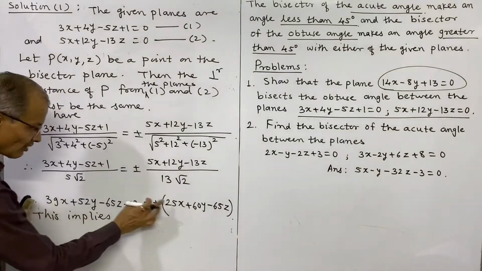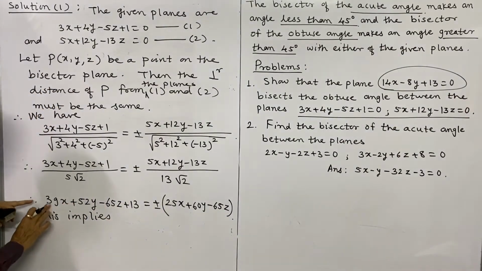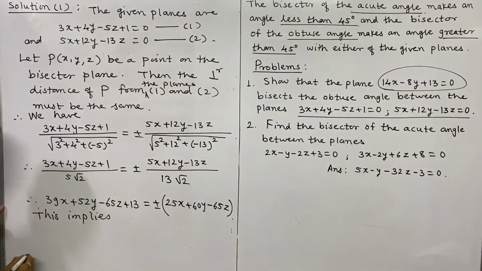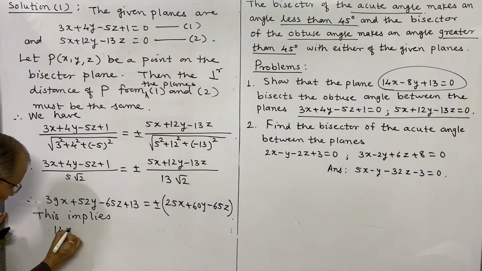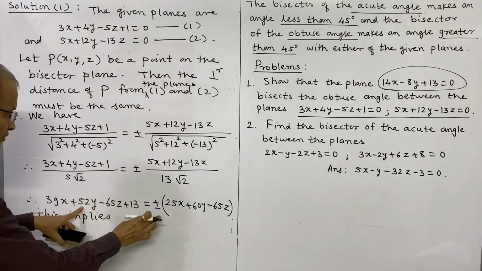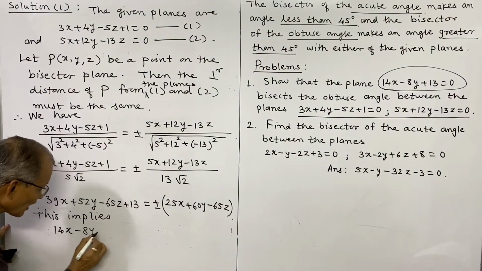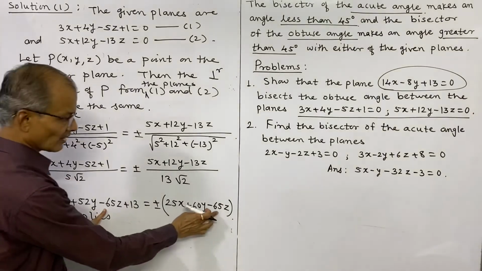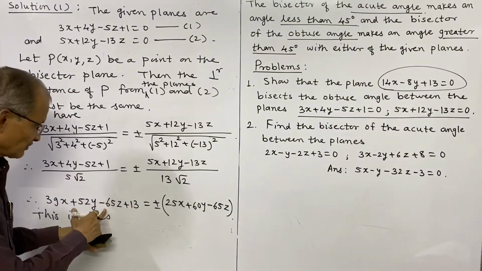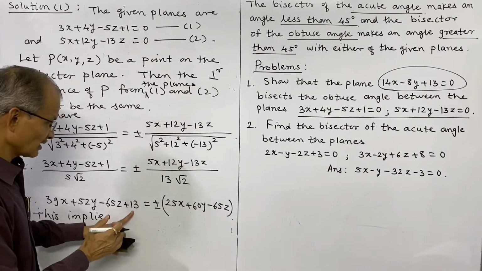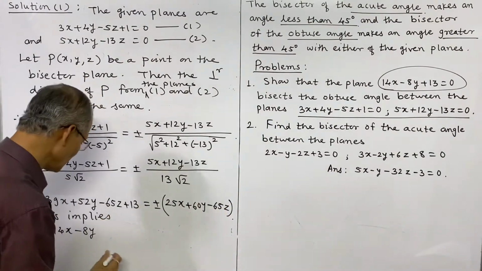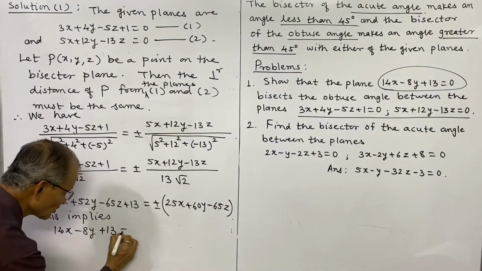That 25 on this side becomes minus 25, 39 minus 25 is 14x, and 52 minus 60 is minus 8y, and this is minus 65z, minus of minus becomes plus 65z, that cancels, z cancels, and 13, there is no constant, plus 13 is equal to 0.